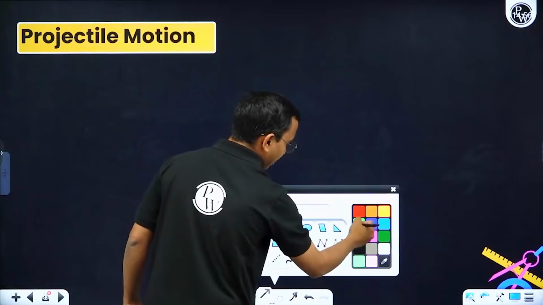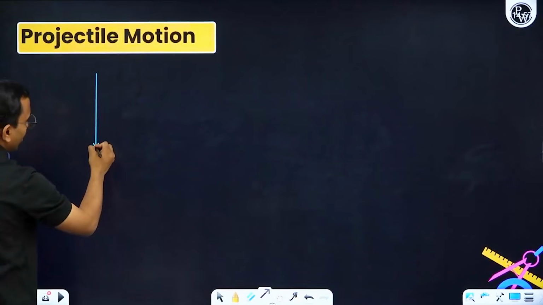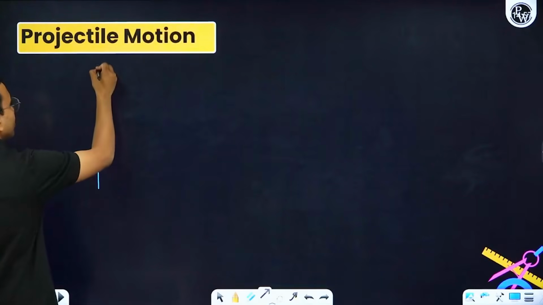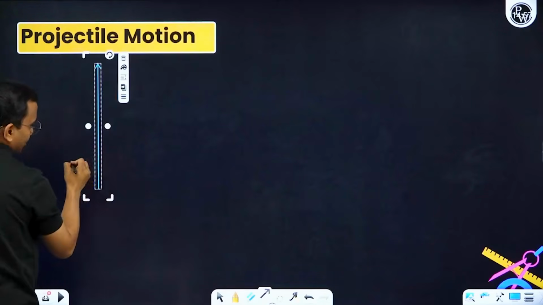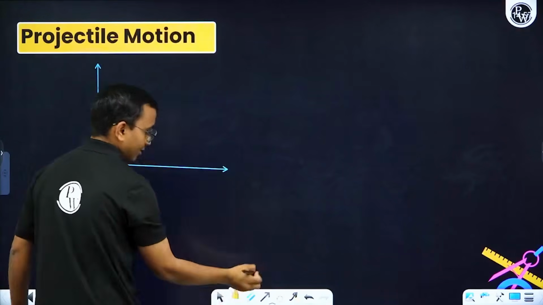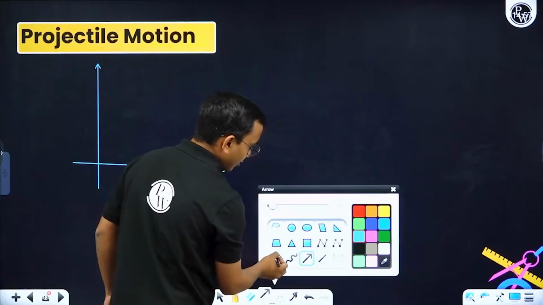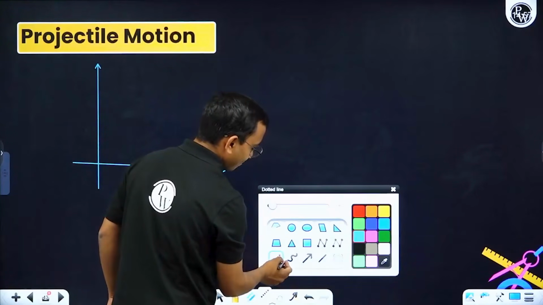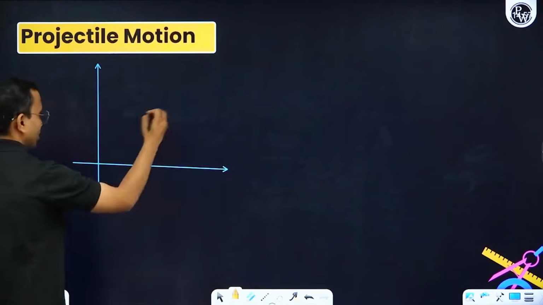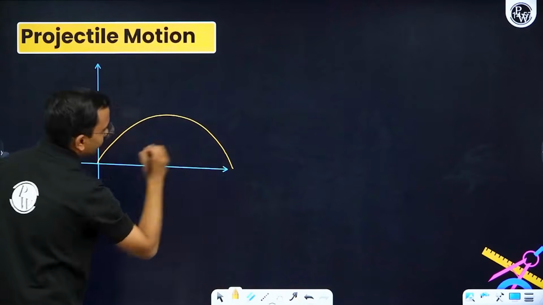Let us draw the x-axis and y-axis first. This is my y-axis. This is my x-axis. So a particle is projected, and it went somewhat like this.